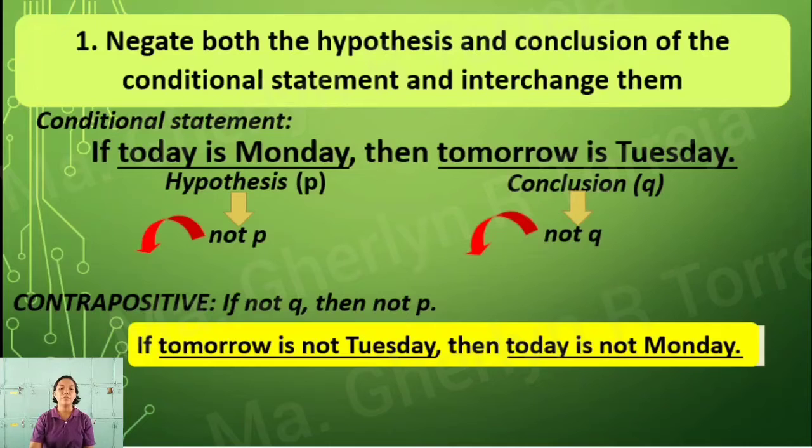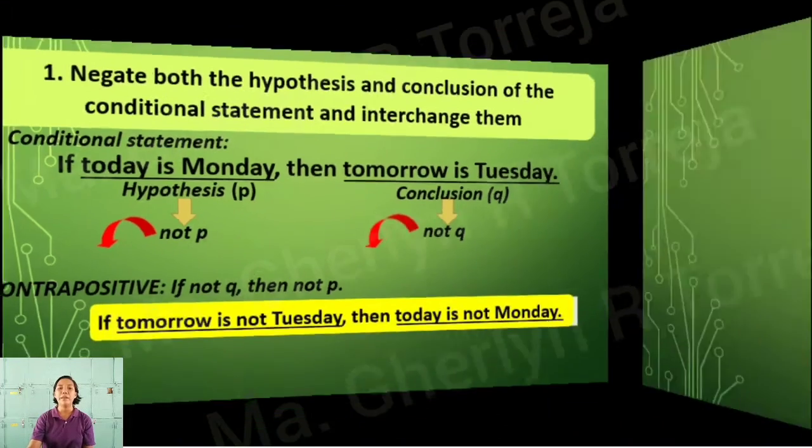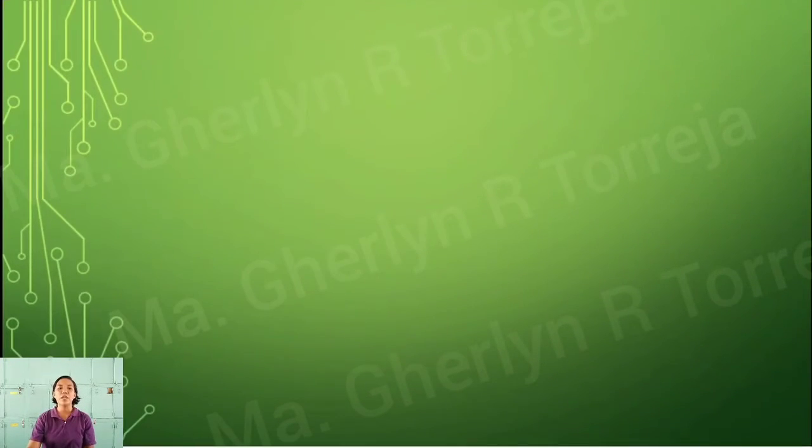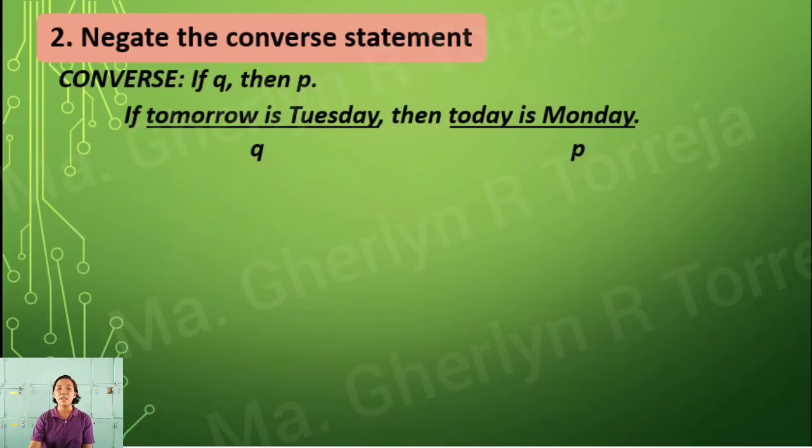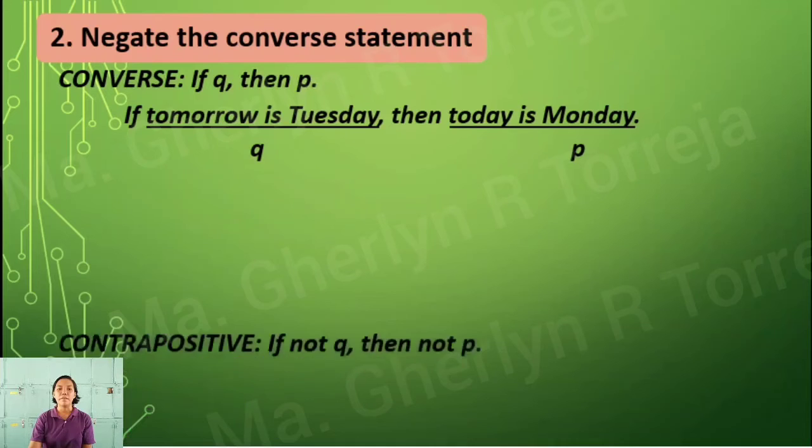Very good. Now, let us proceed sa pangalawang paraan kung paano isulat ang contrapositive, which is to negate the converse statement. So, this will be useful if meron na tayo ng converse statement. Okay, our converse statement is if Q, then P, which is, if tomorrow is Tuesday, then today is Monday.